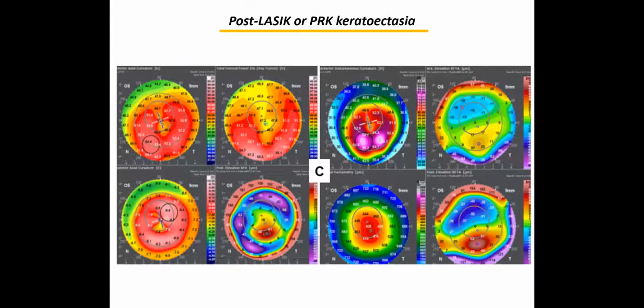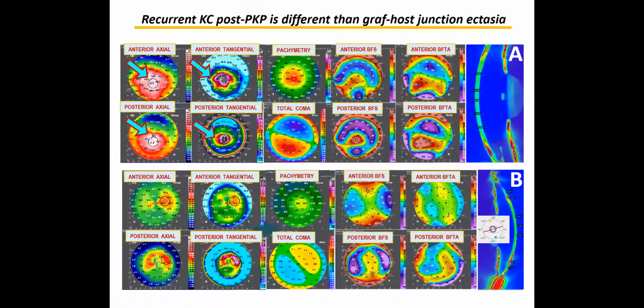This is post-operative ectasia, very similar to pellucid many times, with against the rule pattern, vertical asymmetry and thinning. And these are very interesting cases, okay, because these correspond to two corneas, which theoretically at the hospital were diagnosed as recurrent keratoconus after corneal transplant.